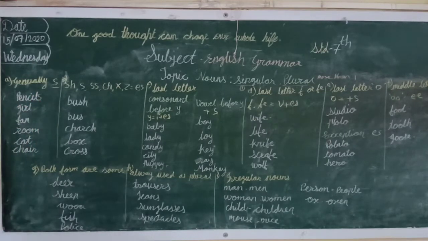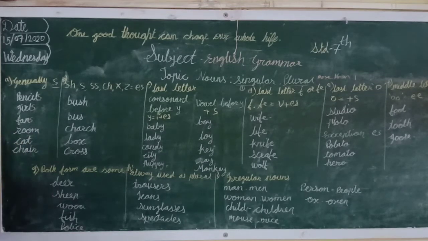Students, here there is no s, girl. How many girls? One. When I put s here, it will be many girls. Generally when we want to convert to a plural, we use s. Fan, one fan, here I join s, fans means many fans.